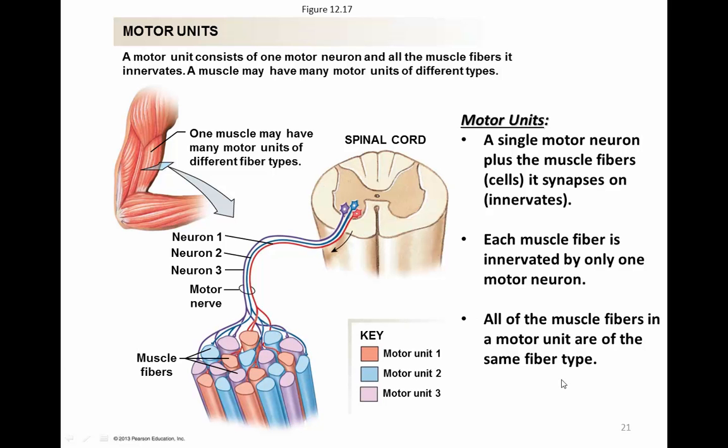All of the muscle fibers in a motor unit will be of the same fiber type, and so many of you have heard of fast and slow muscle. In a fast muscle motor unit, all of the cells are fast muscles. In a slow muscle motor unit, all of the muscles are slow muscle cells.